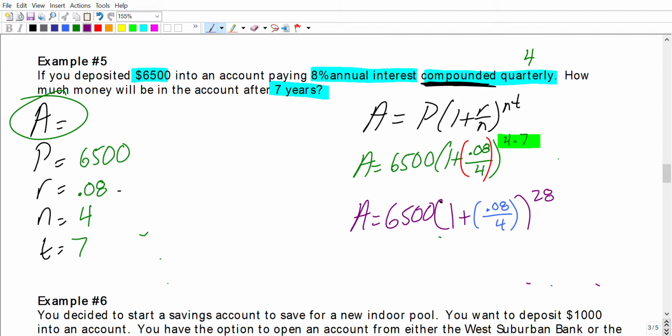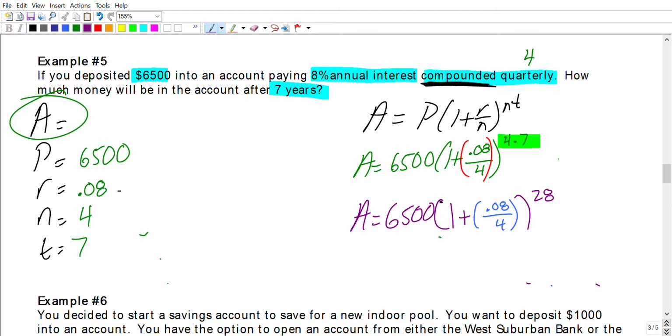Let's see what we get. 6,500 open parenthesis 1 plus another open parenthesis 0.08, I'm sorry, divided by 4, then close parenthesis, close the second set of parentheses, and then raised to the 28th.